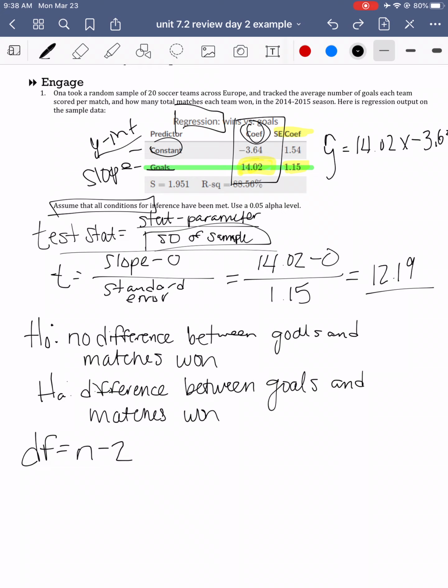Here we have two variables, goals and matches won. That's why we subtract 2. Our n value in this problem was 20. They took a random sample of 20 teams. So 20 minus 2 gives us 18 degrees of freedom. Now I would go to my t-table, and let me just pull that up here.